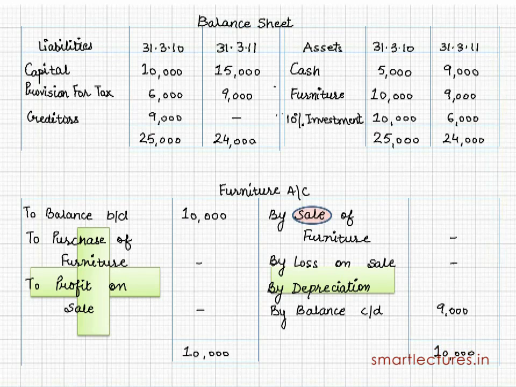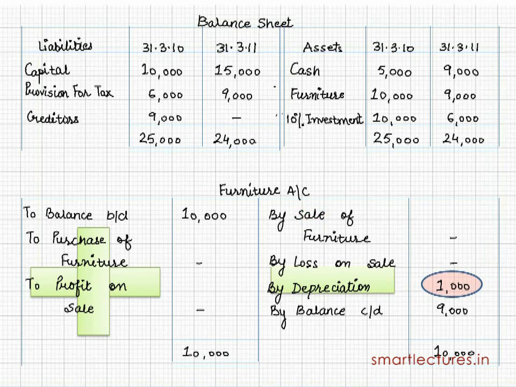There was no sale, I'm going to assume. So there is no question of loss on sale. So one possibility is there, this is depreciation. It means this firm has provided depreciation of rupees 1,000 on furniture. That's why there is reduction in the value of furniture. Previously it was 10,000, now it is 9,000.